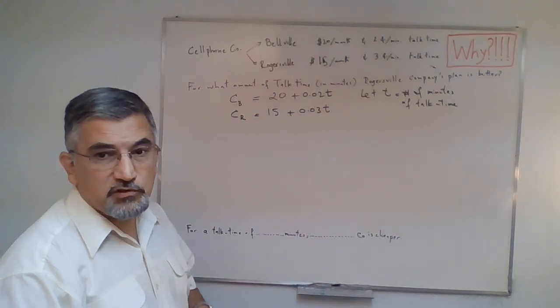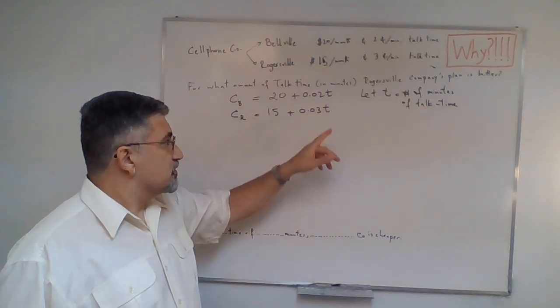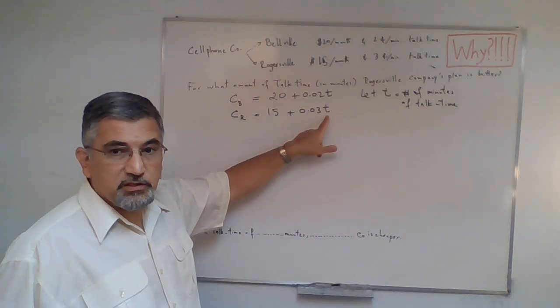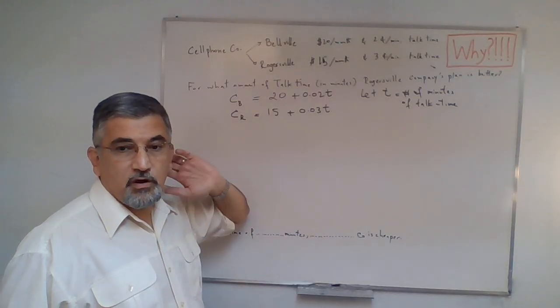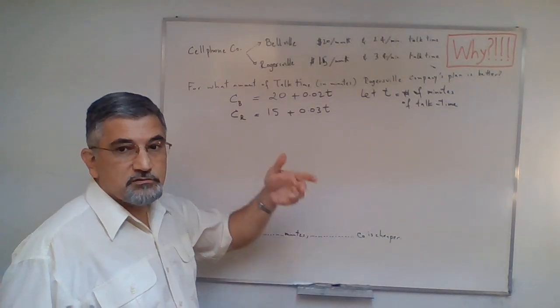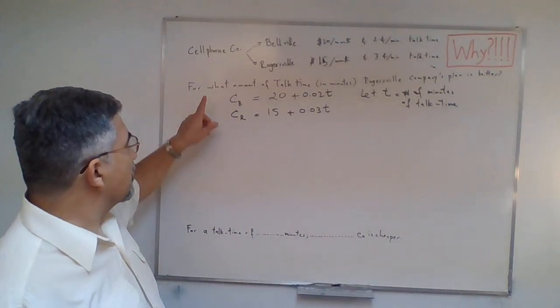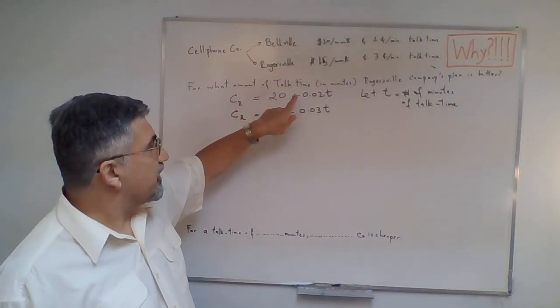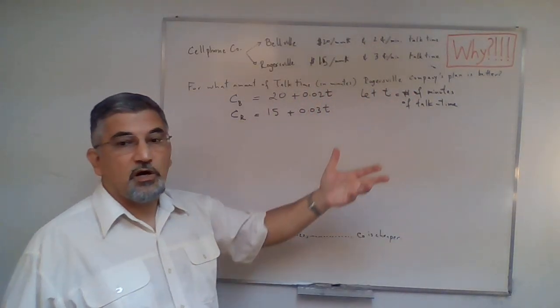It's not that difficult to come up with these. You pay $15 anyway, right? So if you speak 100 minutes, 100 times 3 cents would be $3. So $3 plus $15, you pay $18. Now we want to know for what amount of talk time in minutes Rogersville Company's plan is better, or maybe the other company's is better.